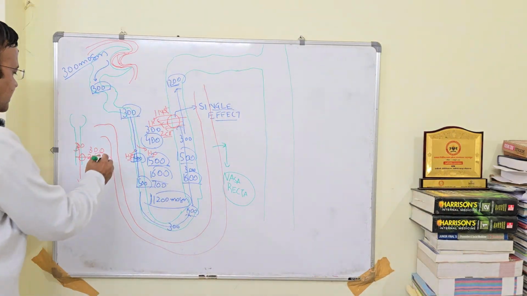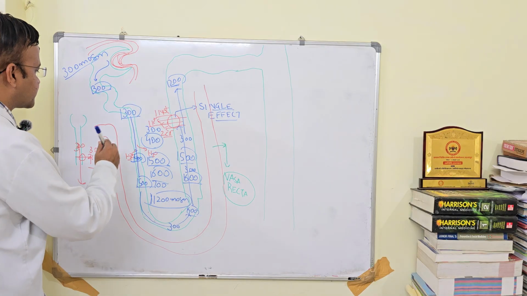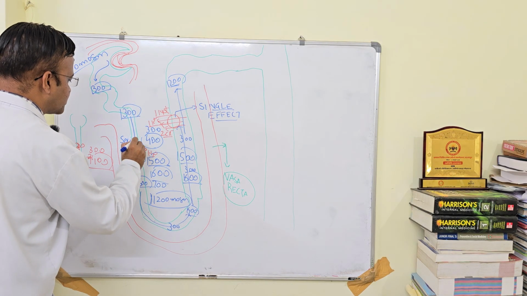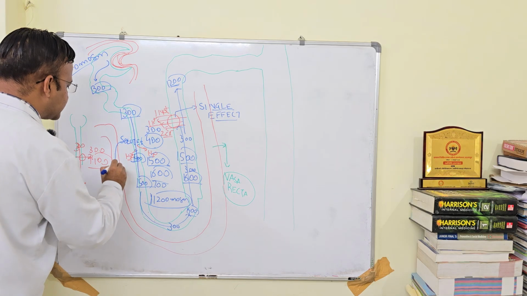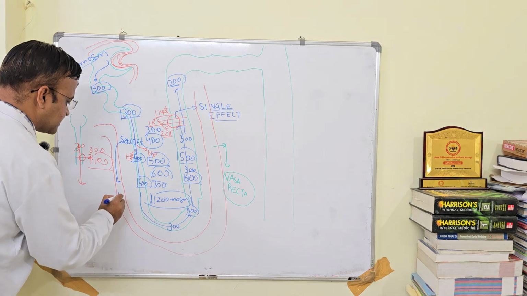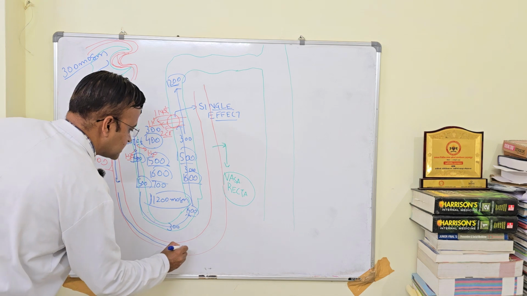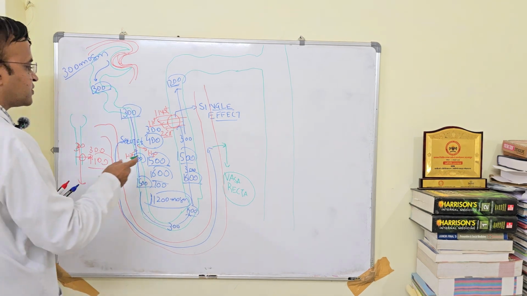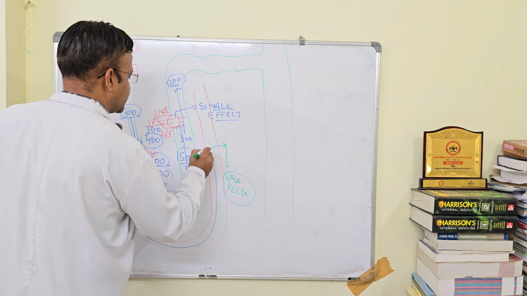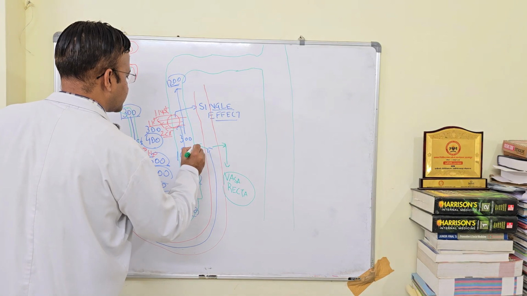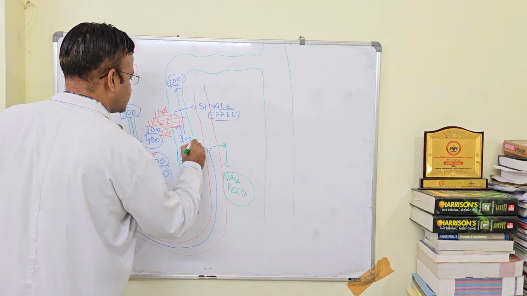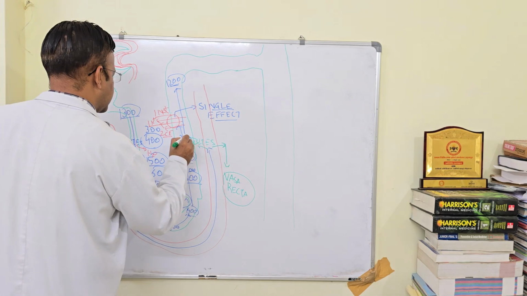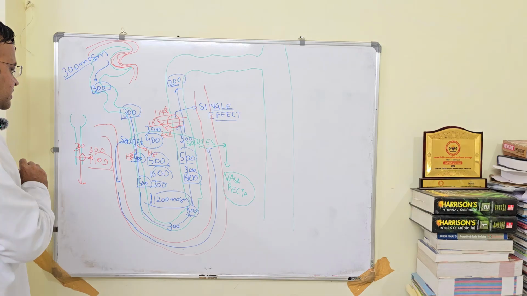So the solutes will go in the descending limb, but the ascending limb is going to release solutes, and it will come back over here.